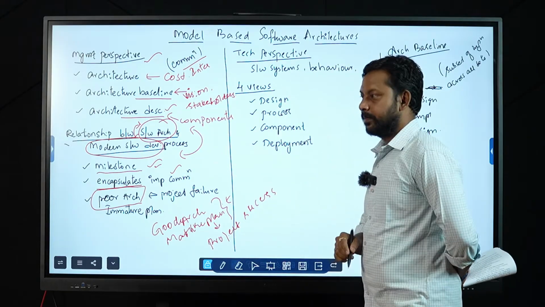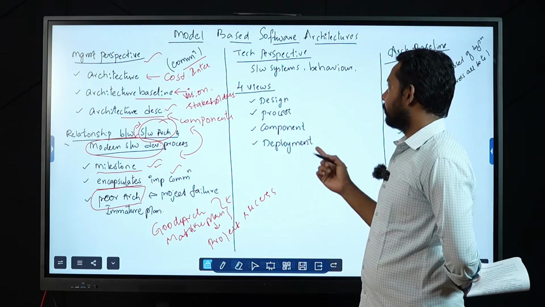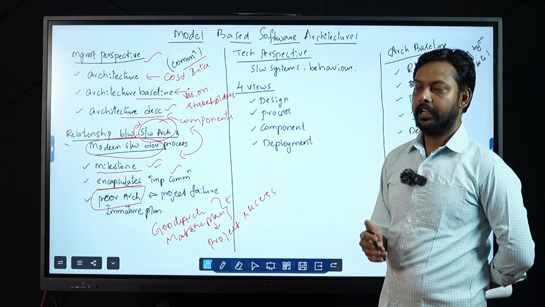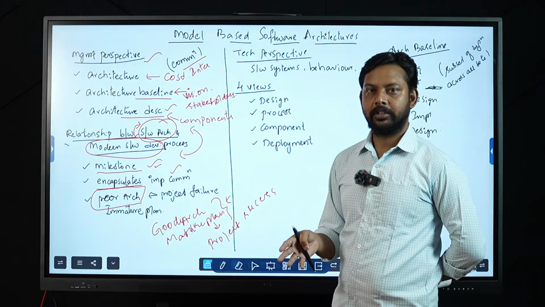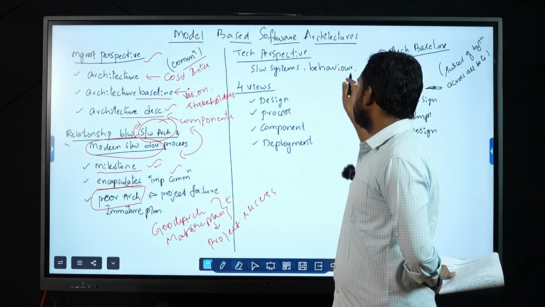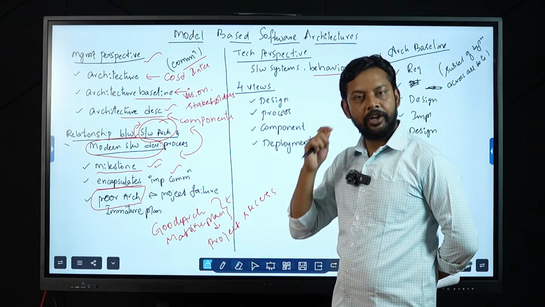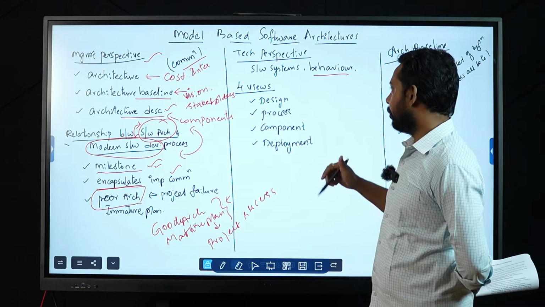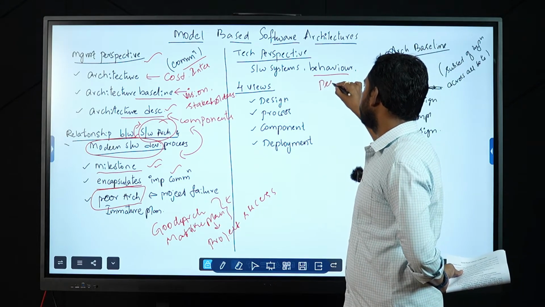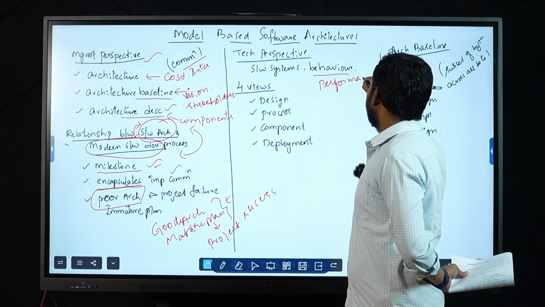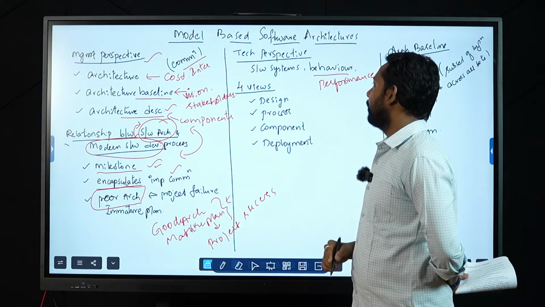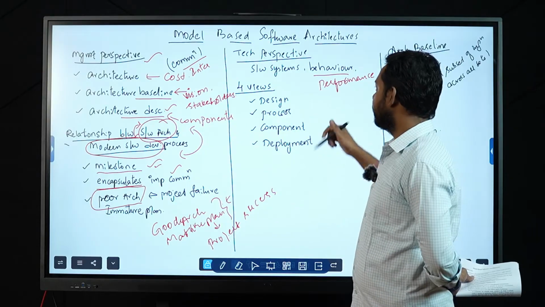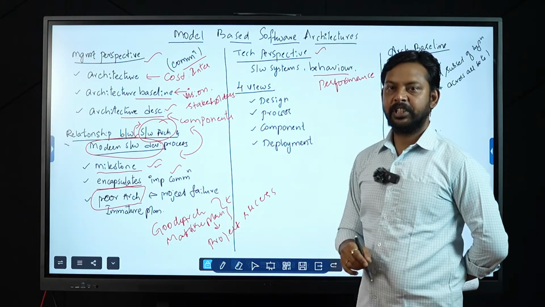In the technical perspective, the software architecture is going to focus on different components of your project, the development of your project, the behavior of your project, and the complete performance of your project, which is taken into consideration when you think about your technical perspective.